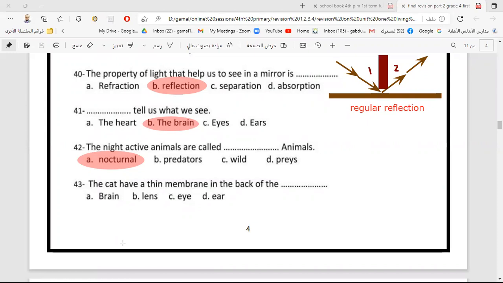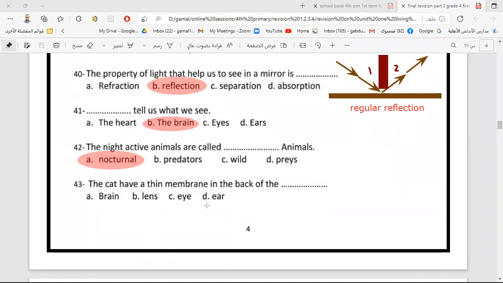Teacher, are there any nocturnal animals that depend on smell? Maybe, but we didn't study that. Some dogs depend on smell, they are very strong in smell.